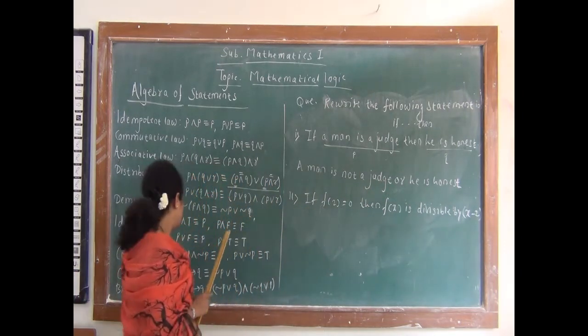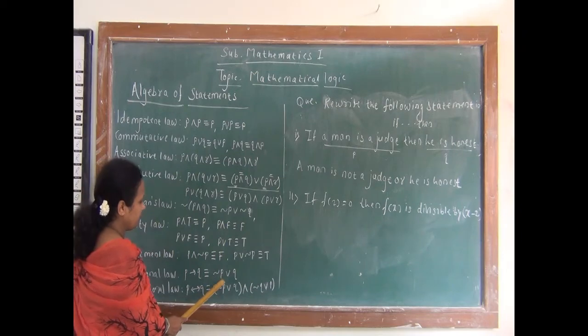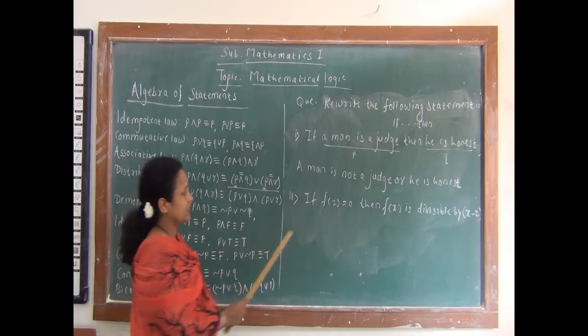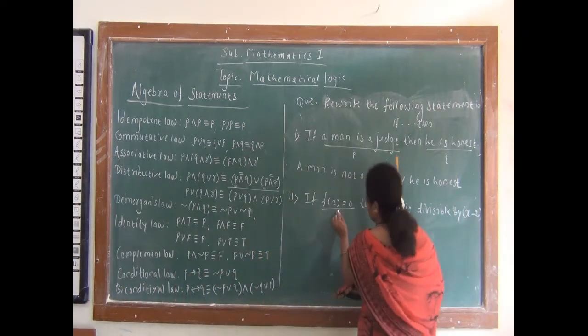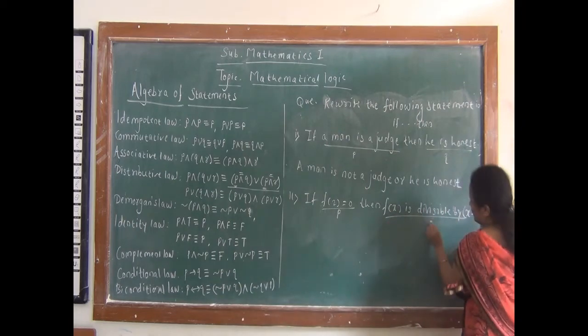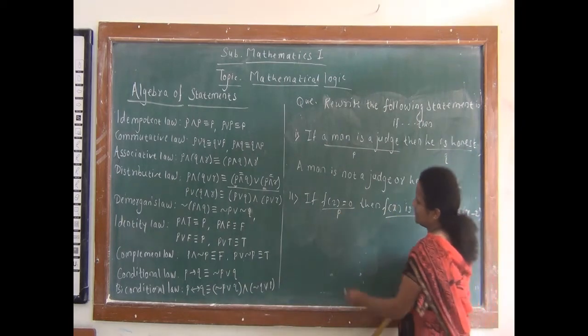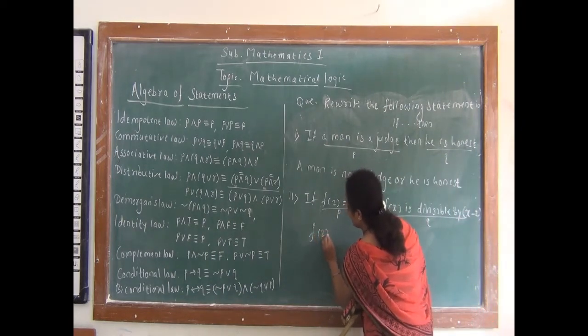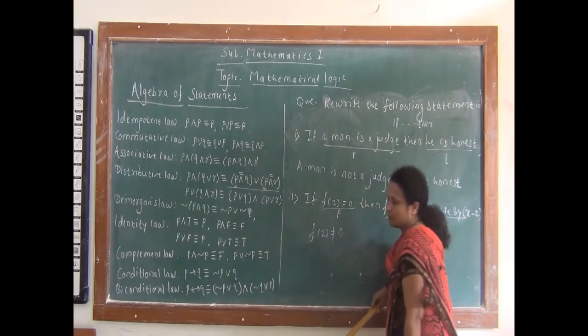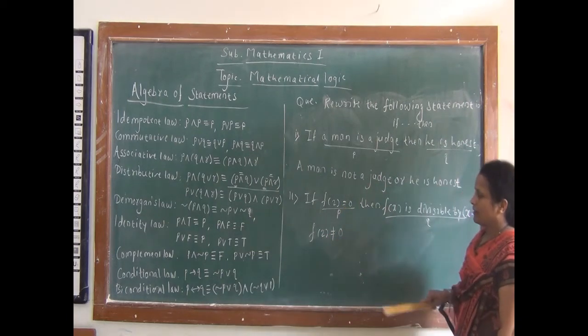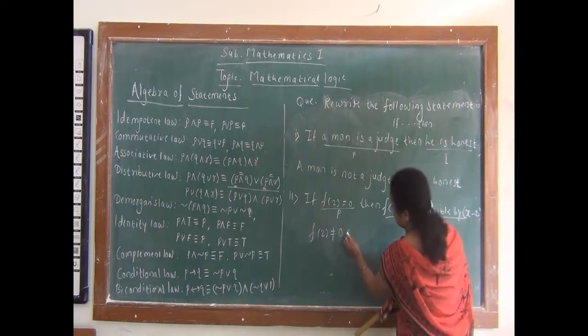So we use the conditional law, that is negation P or Q. We take the negation of this P, and this is our Q. So the negation is f of 2 not equal to 0. That is negation of P. Then we use OR.